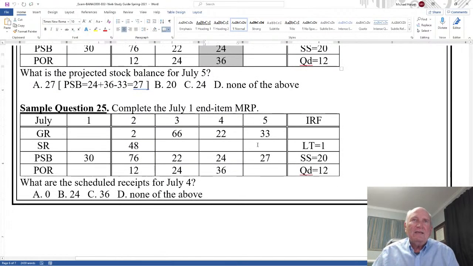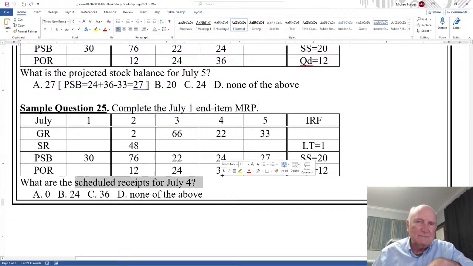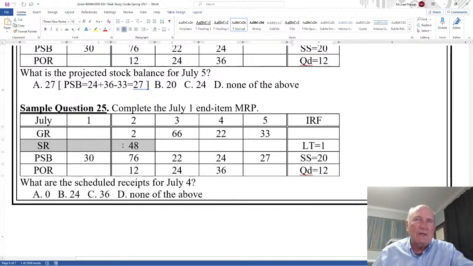Okay. Now this last one, I always ask this because I want to emphasize and test that people understand what scheduled receipts means. In other words, lead time is 1, so therefore scheduled receipt only has value in the first time period in the MRP. I say, what are the scheduled receipts for July 4th?